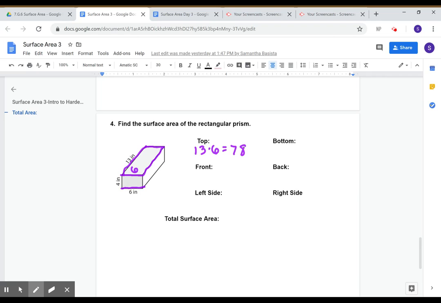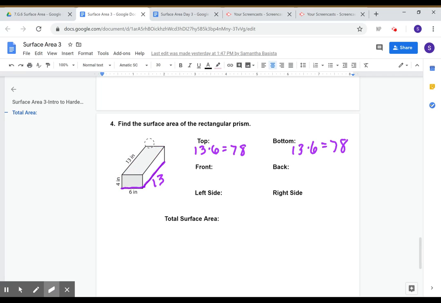So if I know the top is 13 times 6, I know the bottom is also 13, right down here, times 6, which is 78. Because I have 3 different numbers, 13, 4, and 6, I'm not going to have another 13 and 6 on my back, or my front, my back, my left, and right. I already did the 13 times 6. That was the top and bottom.